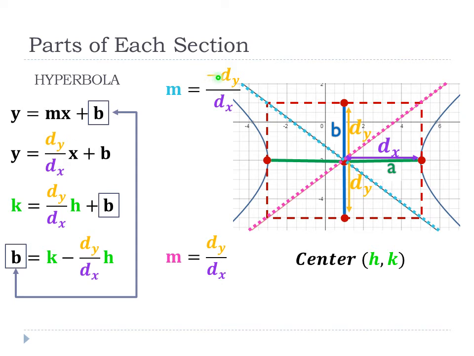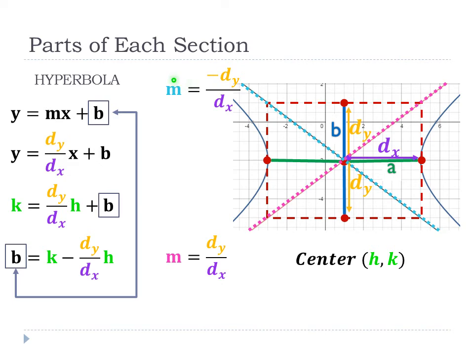So I have a negative distance in y over a positive distance in x. So that's what's going to make the difference, okay? As you can see, the amounts are going to be the same. The absolute values will be the same, but you have to be careful with the sign, okay? That's going to make all the difference.